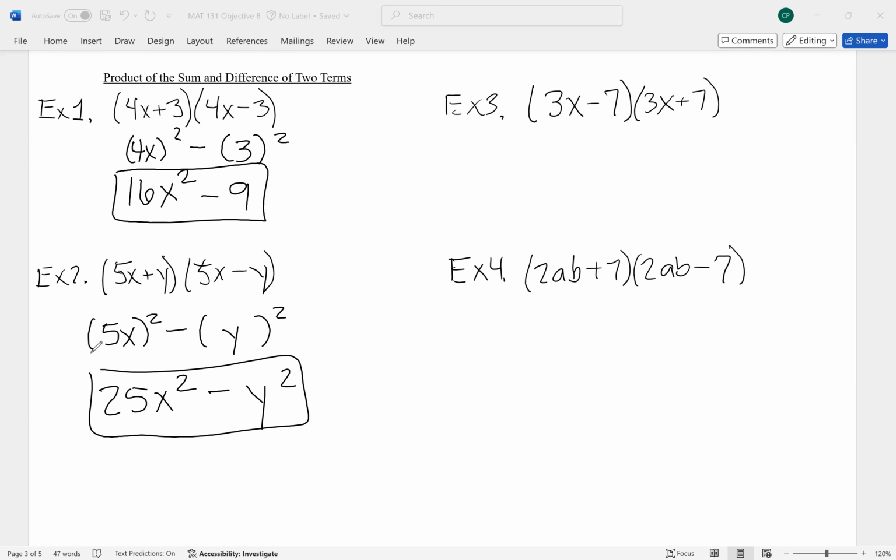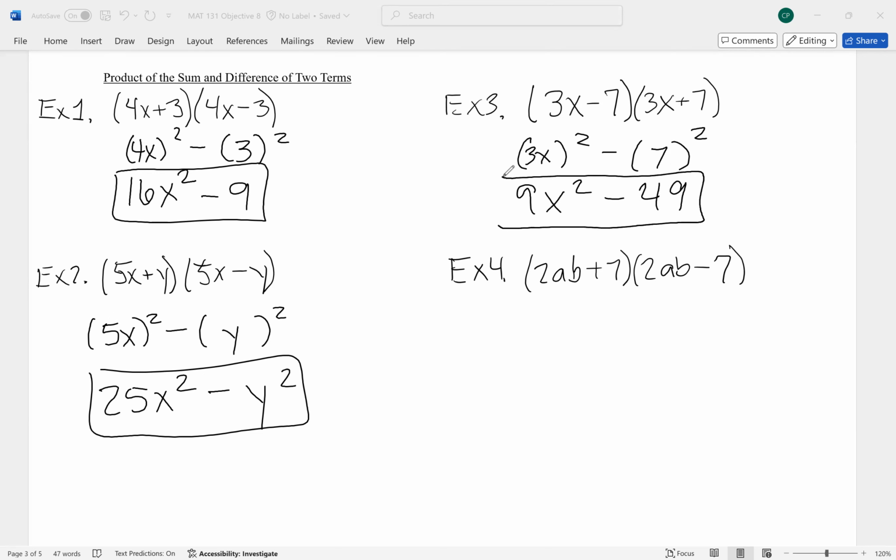And so that would be the answer for that one. For example 3, we got 3x and 7. So that's what we want to plug in, all right? 3x squared is going to be 9x squared, and then 7 squared is 49, okay?